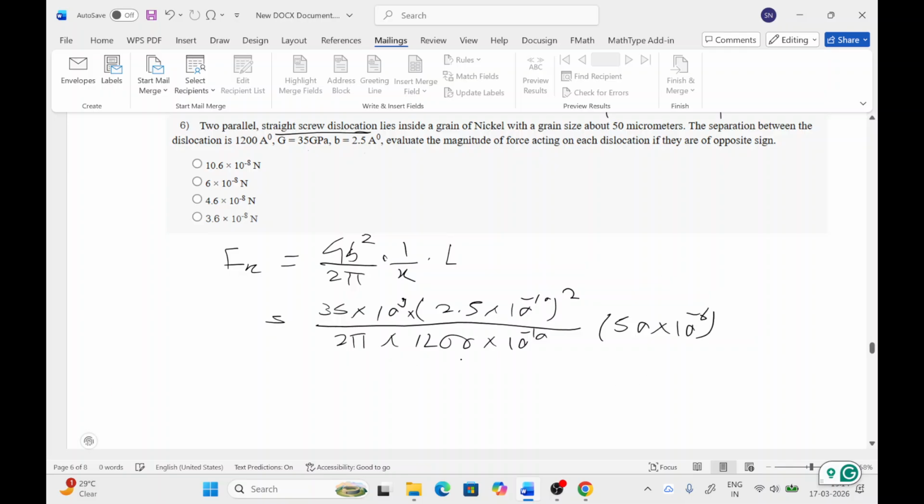So we can calculate the answer from this formula.